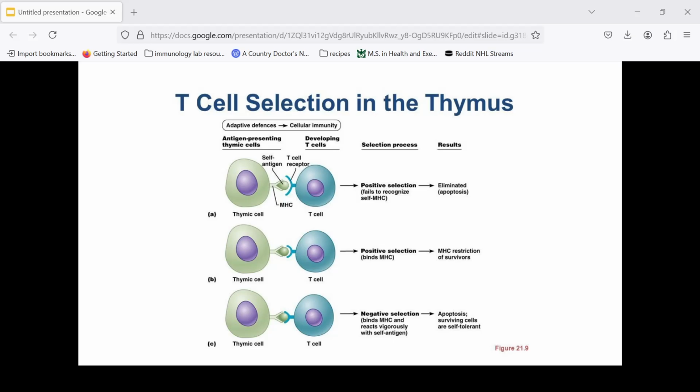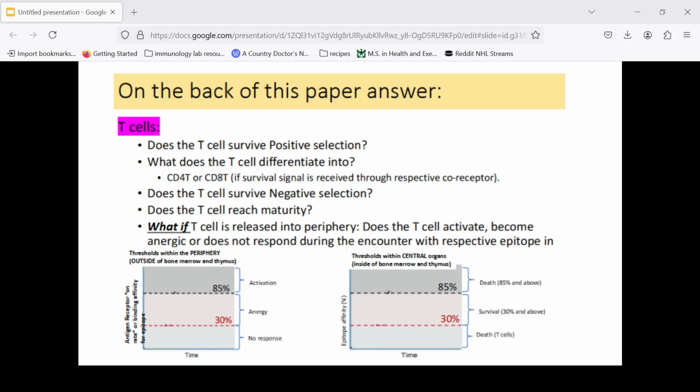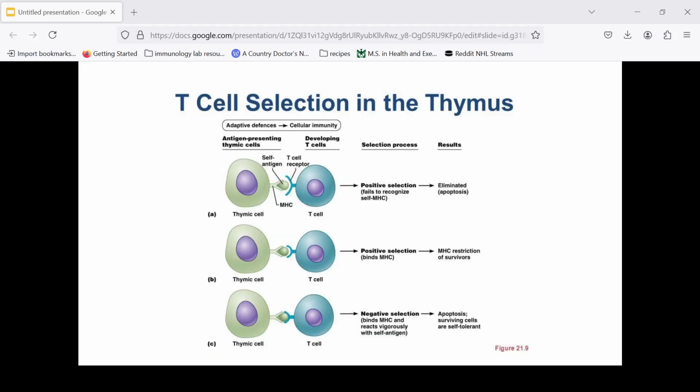They have to meet that minimum threshold. So we want them to be able to bind above our lower threshold, and that is positive selection. At the same time, we're undergoing MHC restriction, which means we are picking one, a CD8 or a CD4. Whichever one binds stronger is the one that we're going to pick.